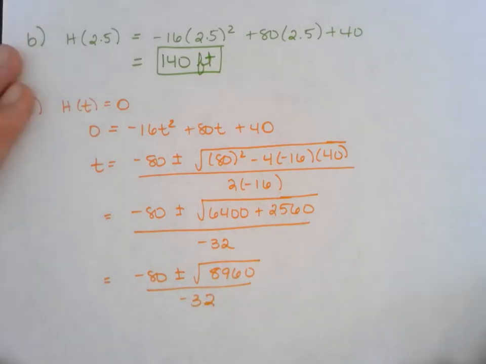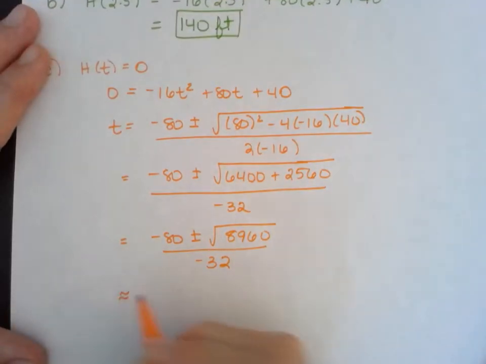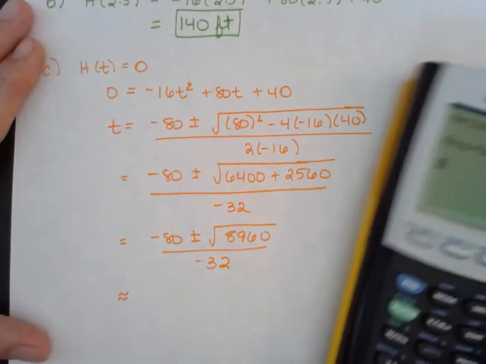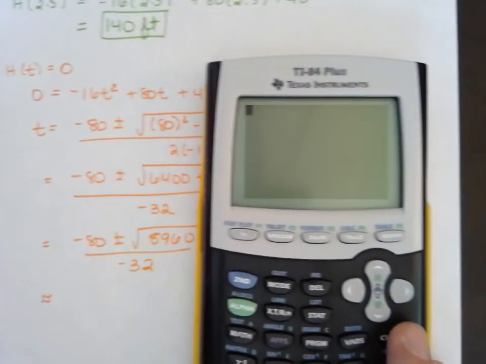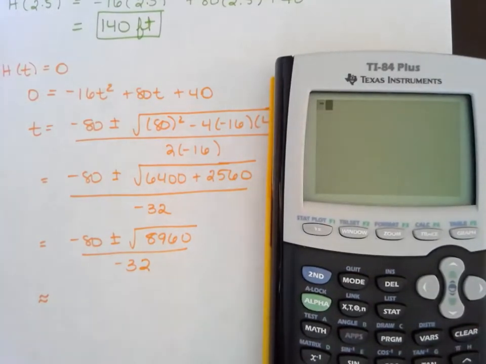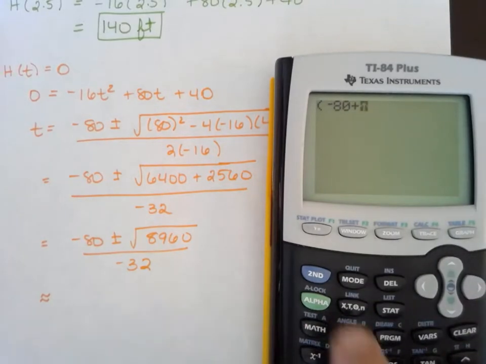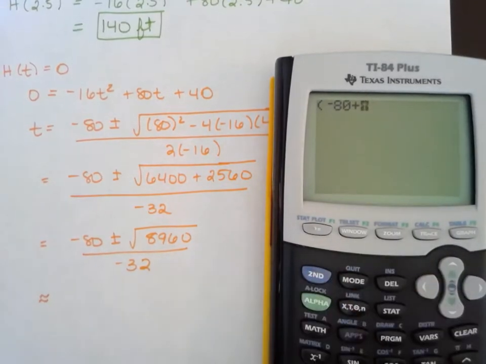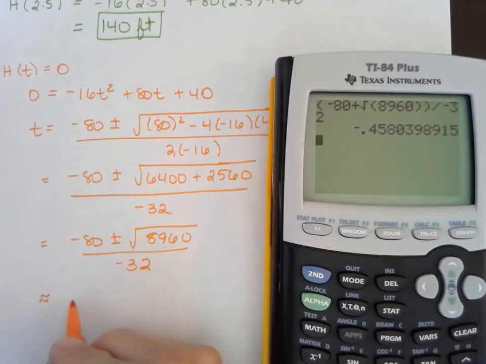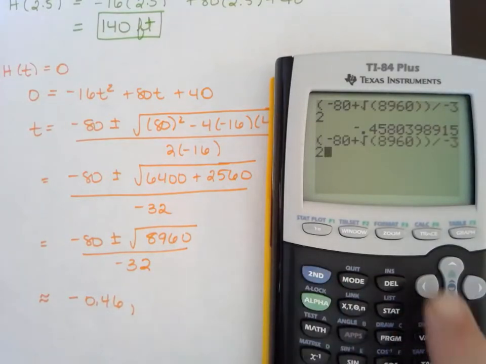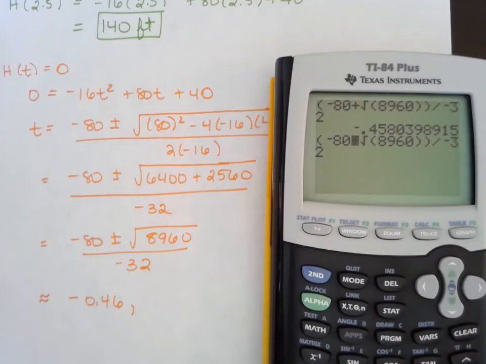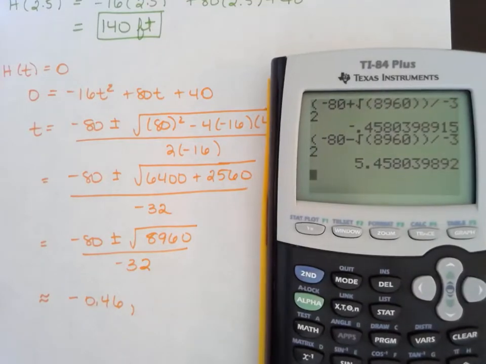Now I don't really have to simplify this because we actually want some values for time. So let's type this into the calculator here. We have negative 80 plus the square root of 8960, close the numerator, divided by negative 32. So we get negative 0.46. And we also get all of that with a minus, which is 5.46.